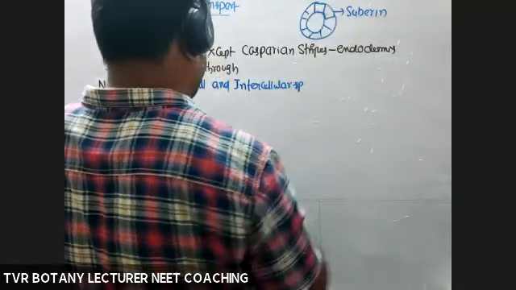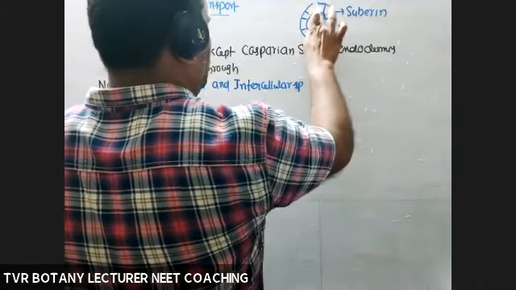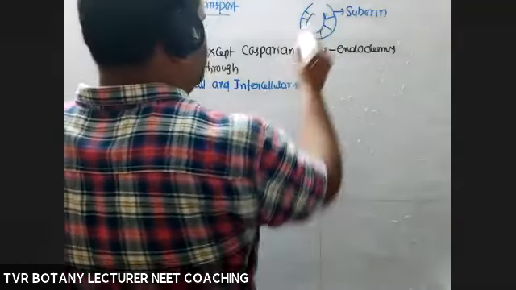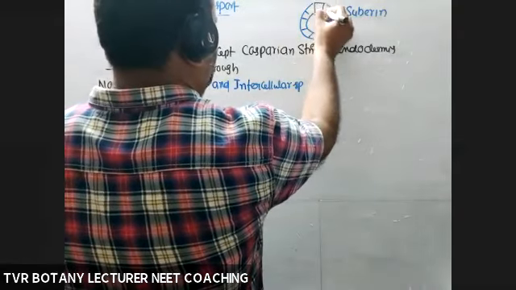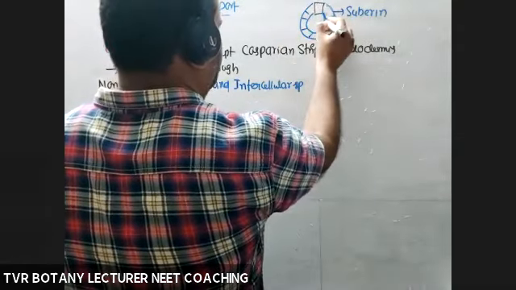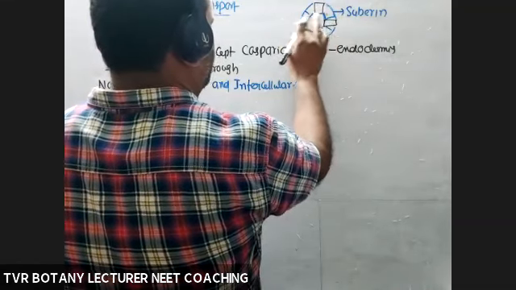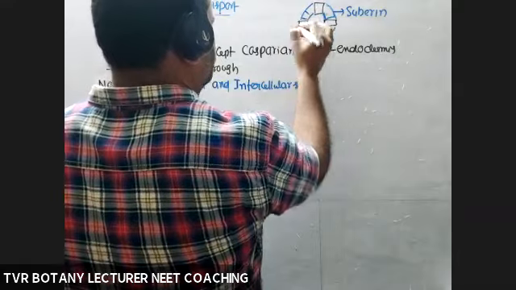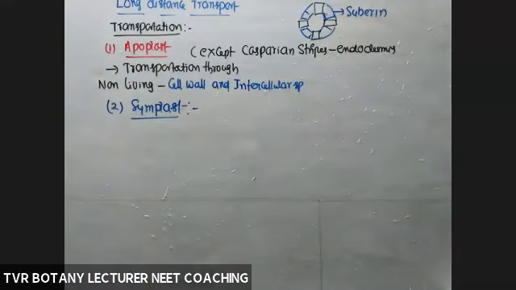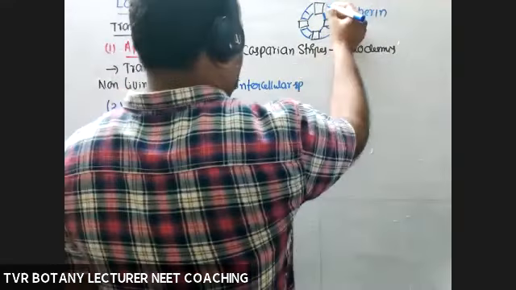except certain areas. For example, here no suberized cell. It's a normal cell without Casparian band. Here also no Casparian. Here also no Casparian. That blue colored one is with a suberin coating.